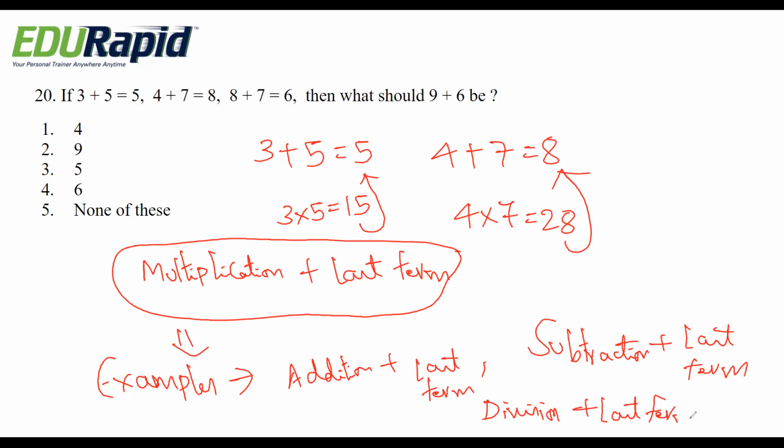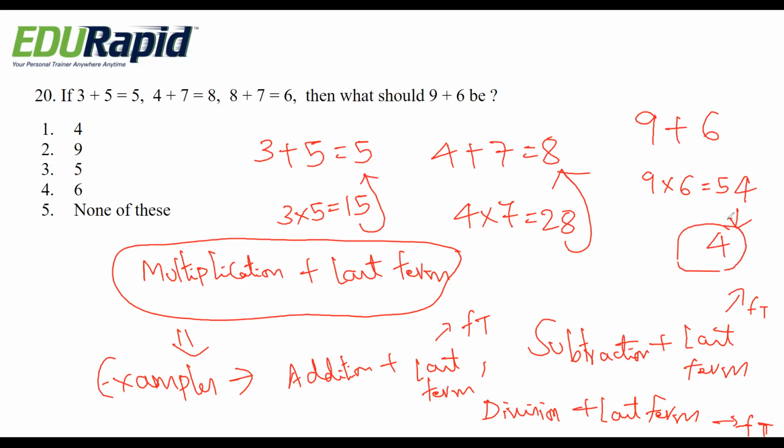Also, it is not only the last term, sometimes they may give the first term like that. So you have to do the trial and error method. But it is very simple. If you practice, you will get the grip. Let me check with 9 plus 6. 9 into 6, 6 nines are 54, and the last term is 4. So option 1 is the right answer.